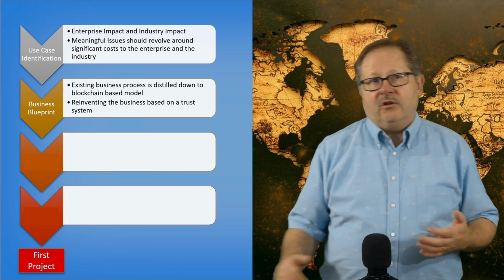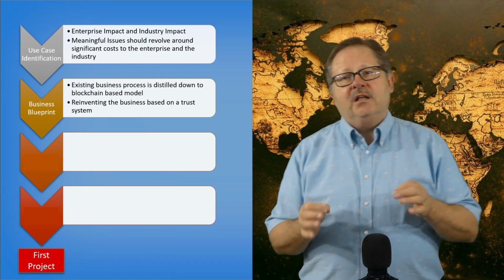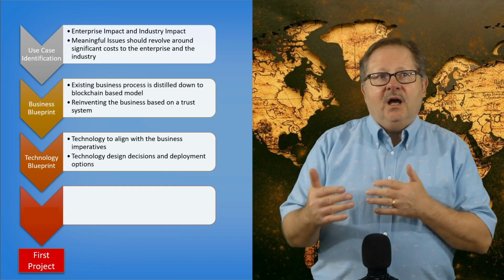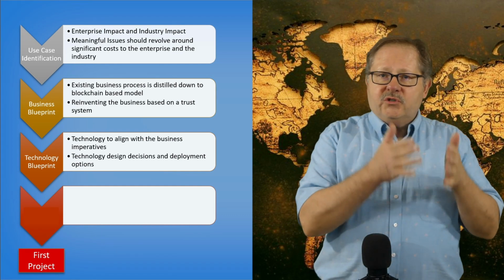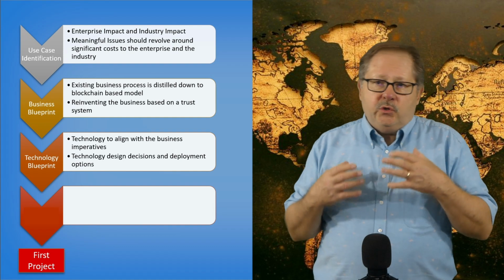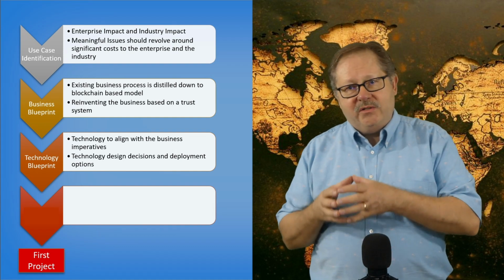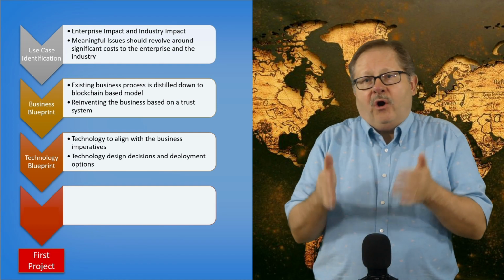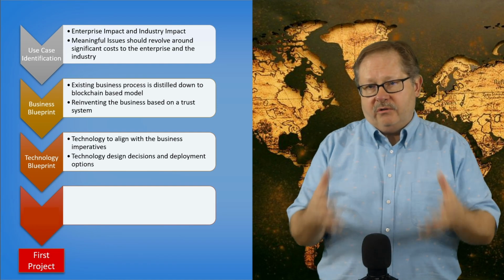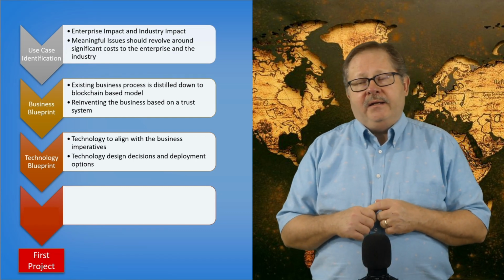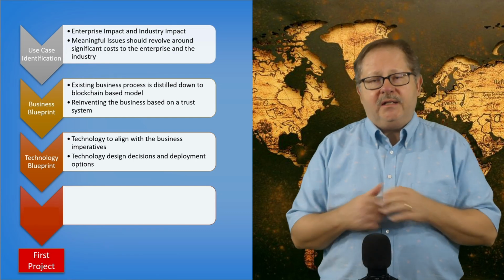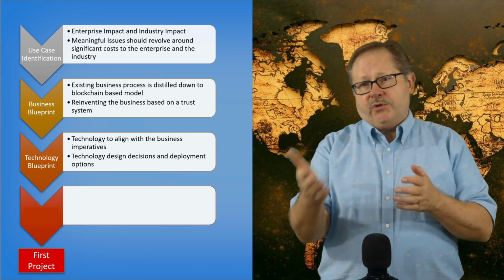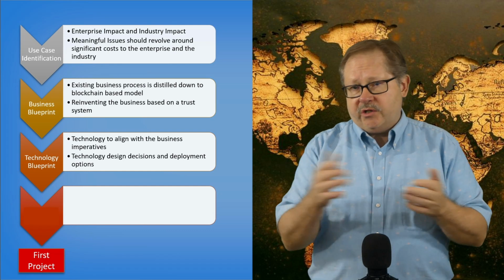So once you've done all those things, then you develop a technology blueprint. In other words, you're going to make sure that the technology aligns with your business strategies, and that you make those technology design decisions along the way that enhance your business and are part of the deployment options that are developed along the way. If you look at, for example, the TradeLens blockchain and go look at some of those videos, by the way, those resources are in the resources section of my YouTube channel.